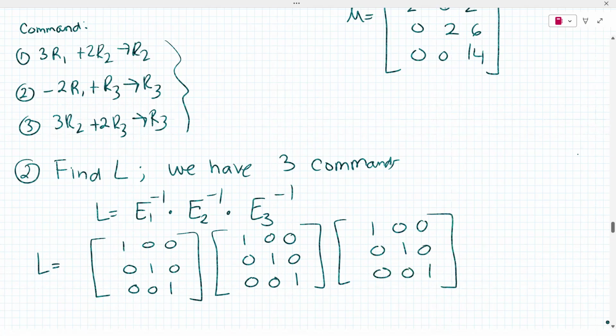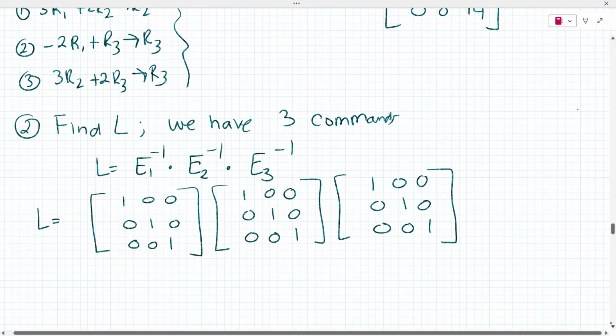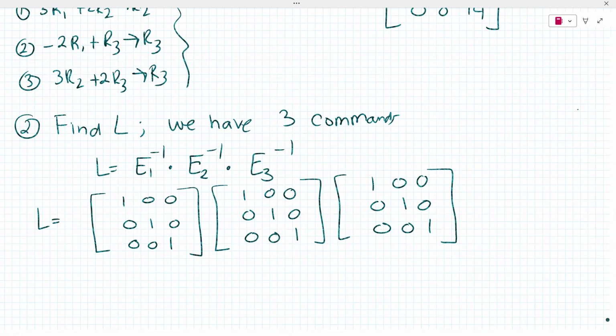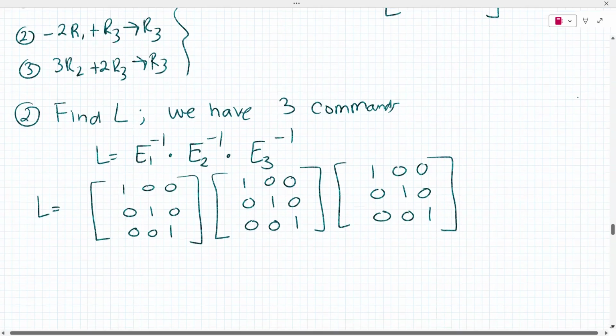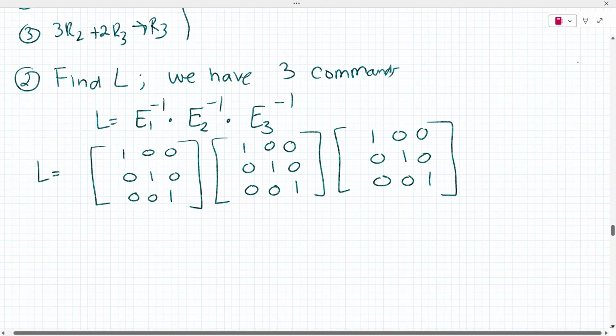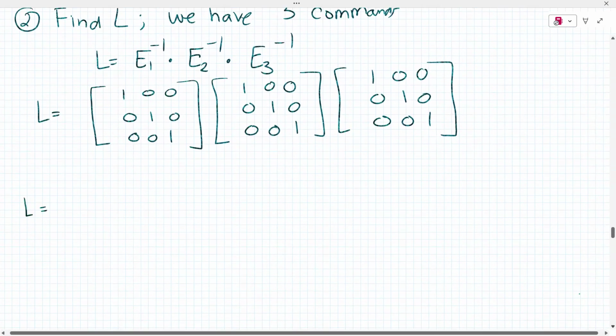Okay, so what you want to do is start with command one: 3 times row 1 plus 2 row 2 gives us row 2. So you start with the first matrix, right? So L equals, and then you just multiply.